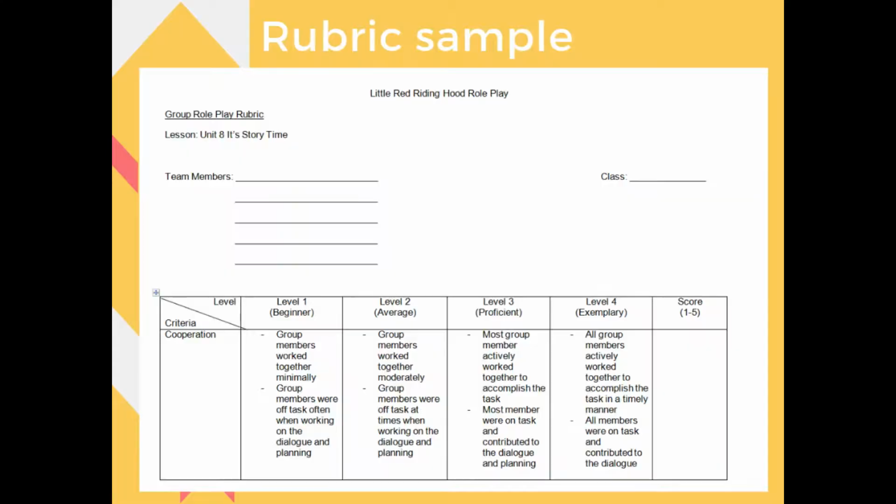They were doing something else, like they're playing or they're not doing the work. So the teacher can choose level 1 for those groups that didn't do their work, and level 2, the group members that work moderately and they were off task sometimes, not all the time, but sometimes.